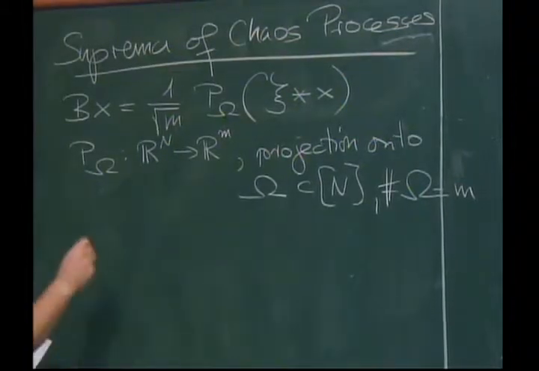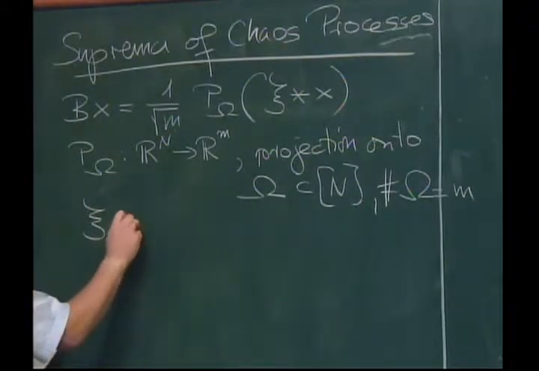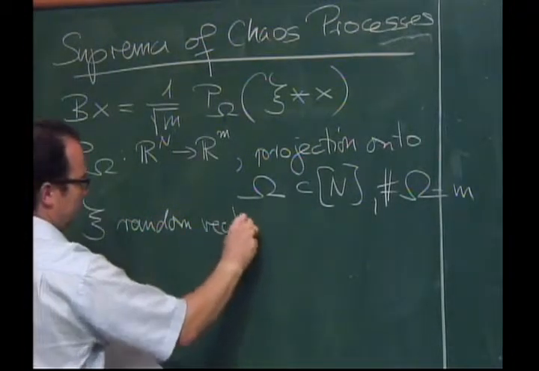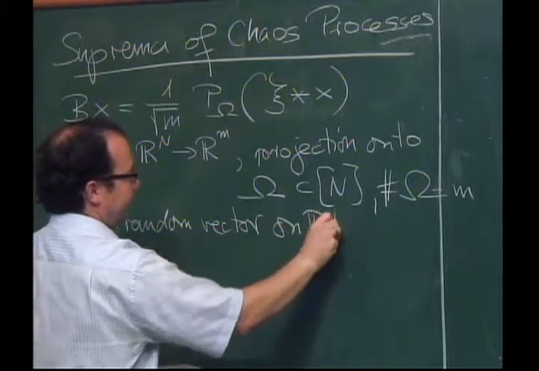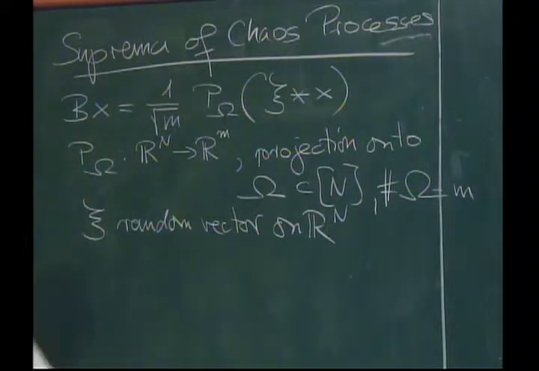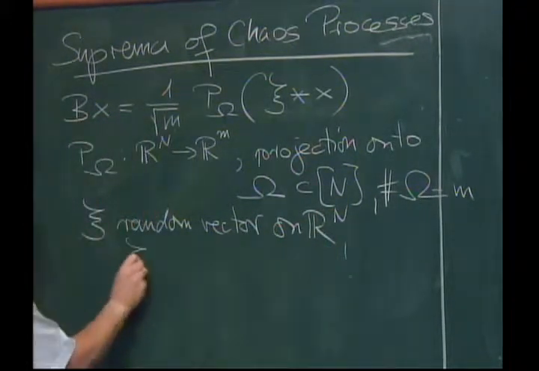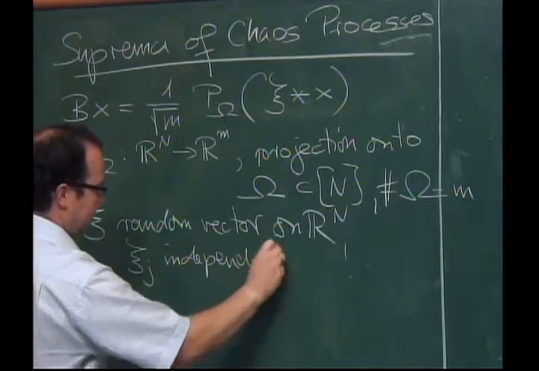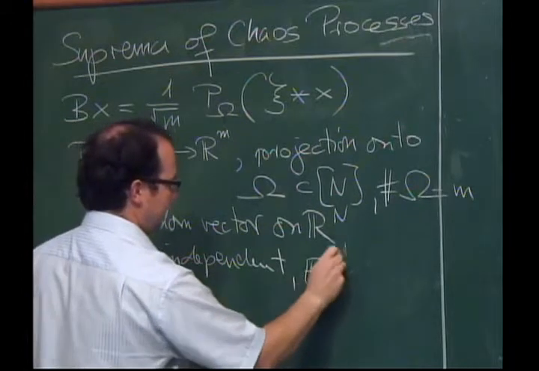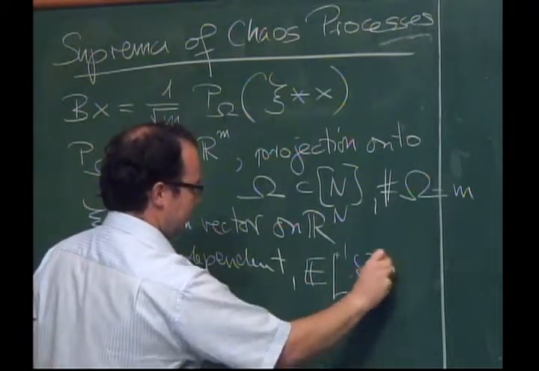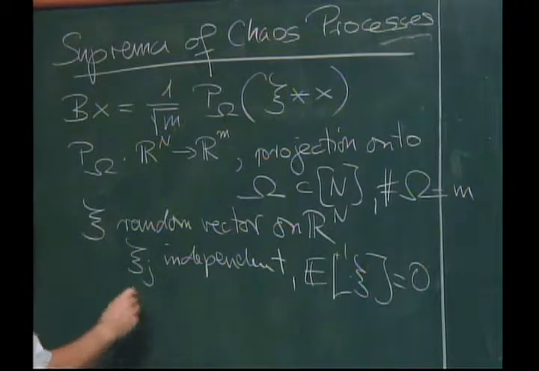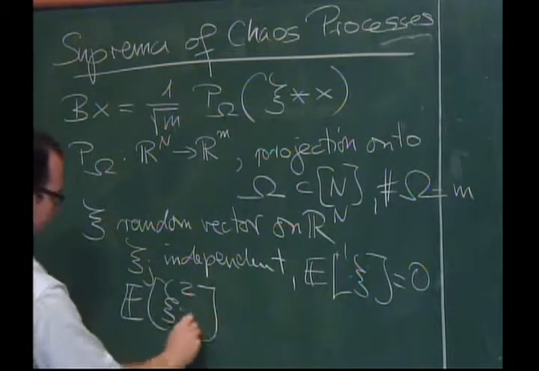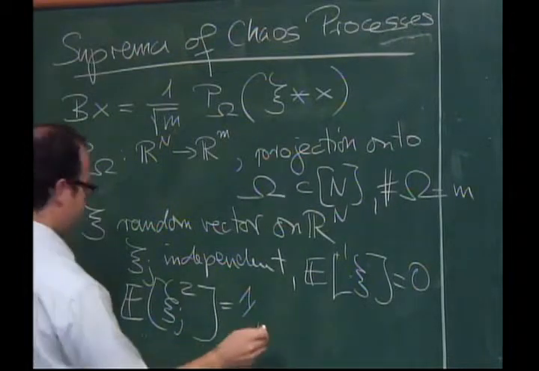And OK, so xi is a random vector on R^n, and the coordinates are independent, mean 0, variance 1 and sub-Gaussian.